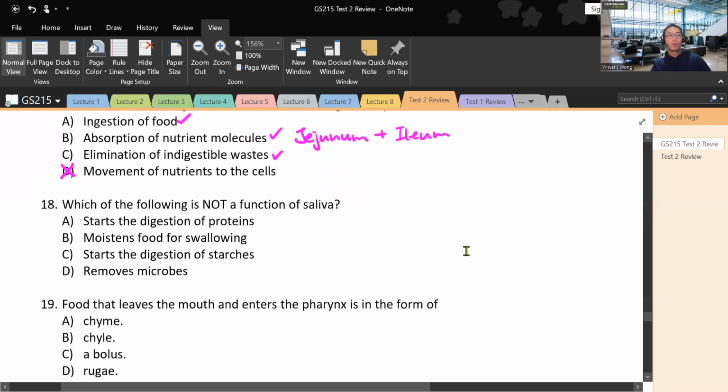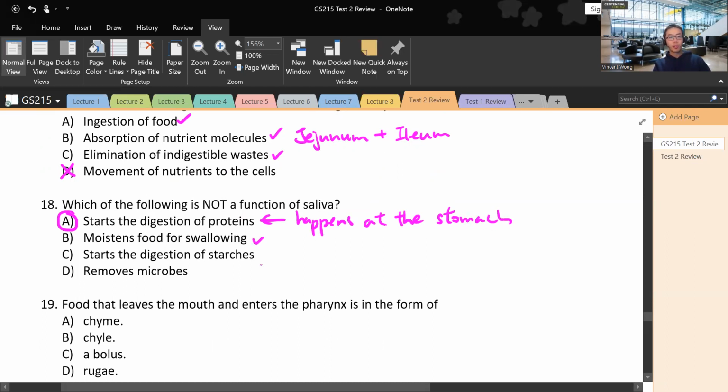Which of the following is not a function of saliva? So saliva contains amylase, which begins the digestion of starch, right? So start the digestion of protein, that actually does not happen. This happens at the stomach when you have the pepsin, right?